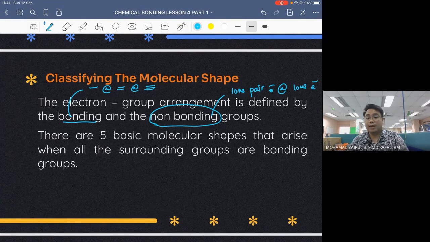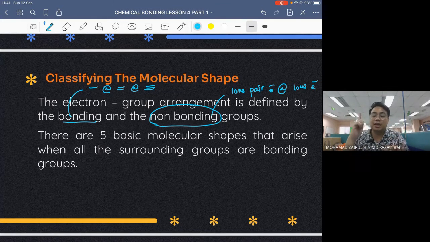So ingat, nak determine molecular shape of the molecule, awak kena kira sekali total number of bonding group and also non-bonding group. So non-bonding group tu kita ada dua, kita boleh jadi lone pair electron ataupun lone electron.